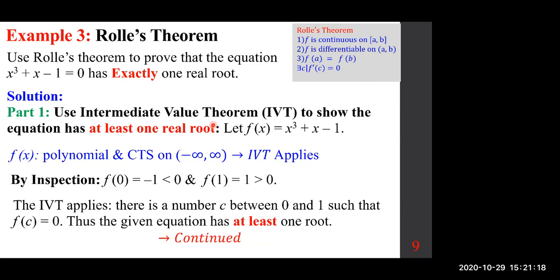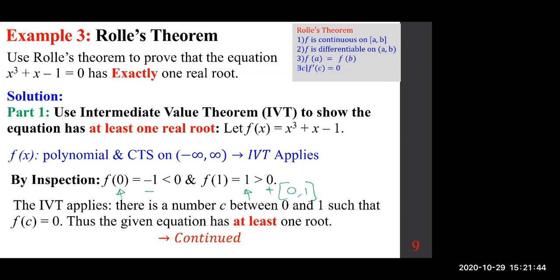The IVT applies because the function is continuous from negative infinity to infinity, therefore it's continuous from 0 to 1. So now we are looking at the interval of 0 to 1, because 0 gave you a negative value and 1 gave you a positive value.